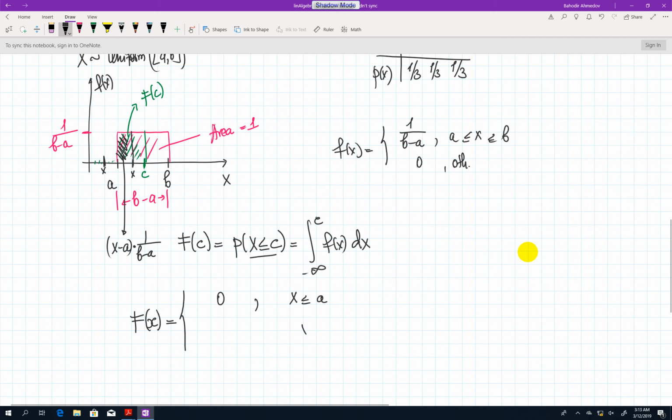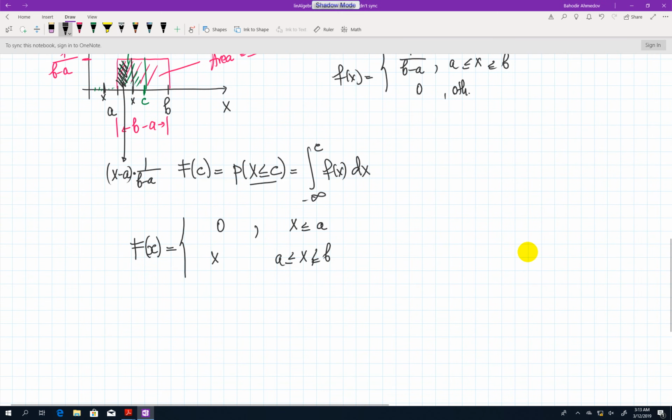So if you choose some point between a and b, then the cumulative distribution function will be equal to x minus a divided by b minus a. Okay? If x is more than b, what will be the cumulative distribution function? If, for example, you choose some x here, what will be the area until this point x? 1. Right? So for any point which is bigger than b, the area until that point will be equal to 1. Okay?